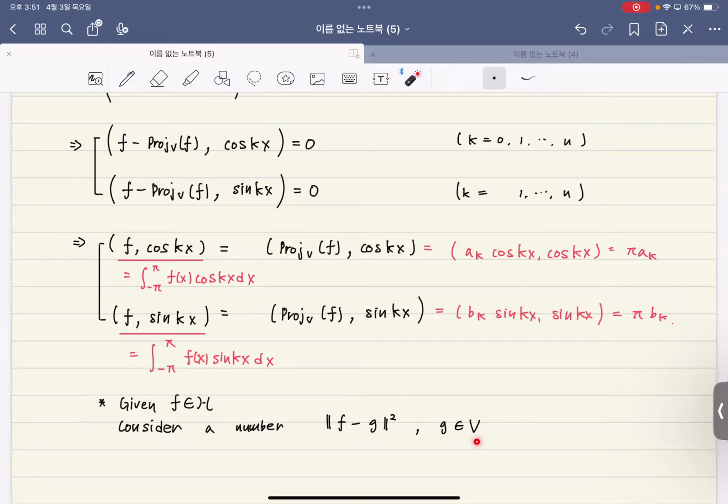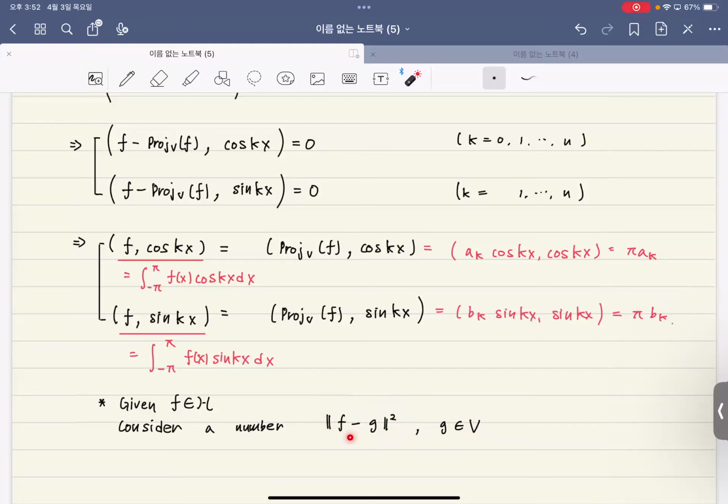Well, V is a subspace of H, and let us consider this number. This is simply the integral of (f minus g) squared from minus pi to plus pi. This is a very simple, well-defined number. Whenever I change my vector g from the subspace V, this number will also change, right?